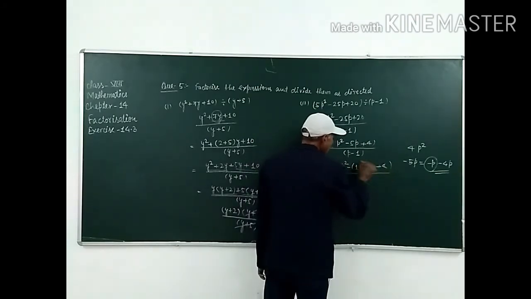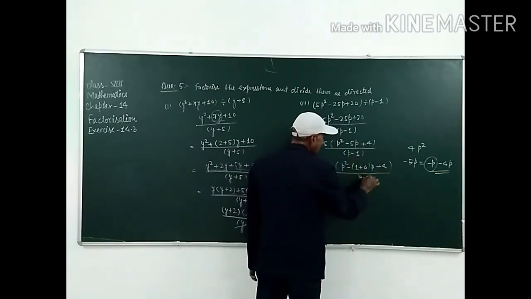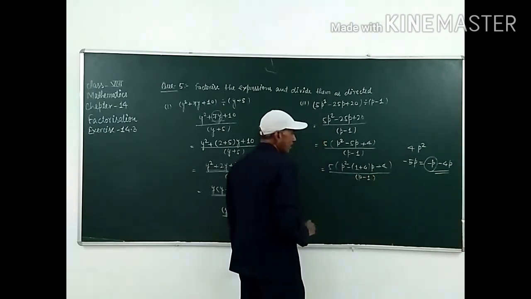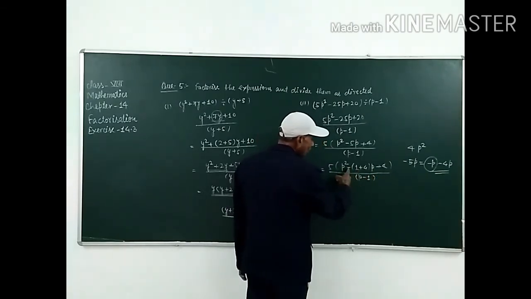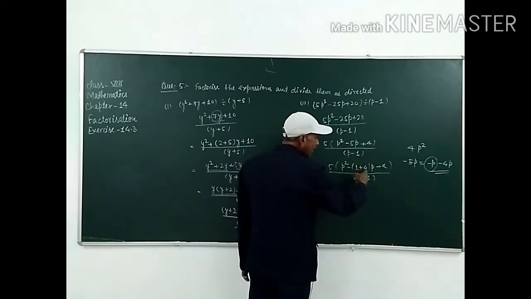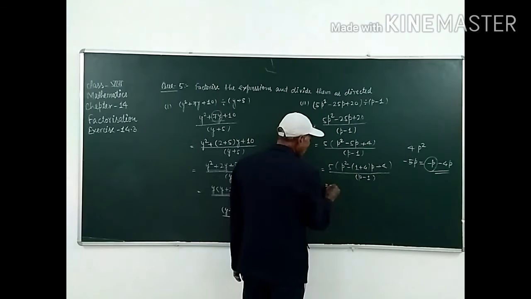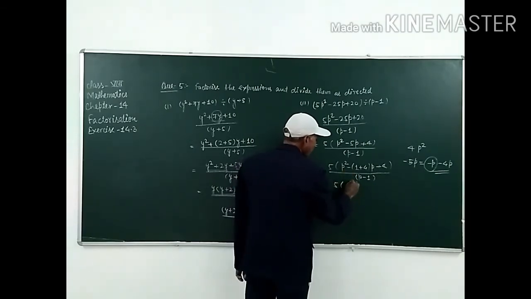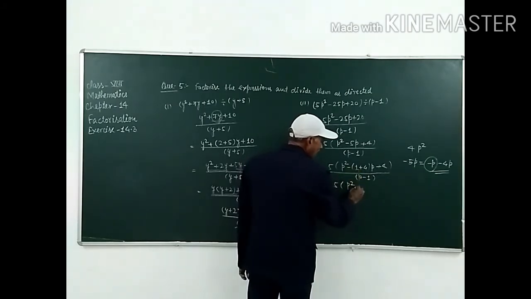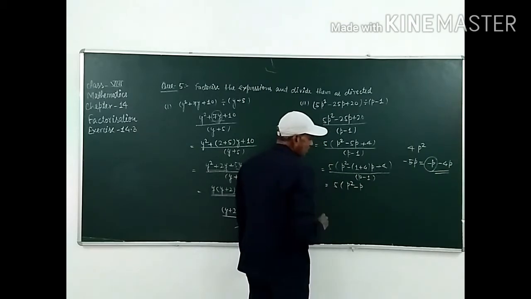After that, we have to write the denominator, that is p minus 1. In the next step, student, we have to multiply this negative sign with this bracket, and this minus will also be multiplied by these numbers. So, 5 into p square minus 1p, or minus p we can write, student.